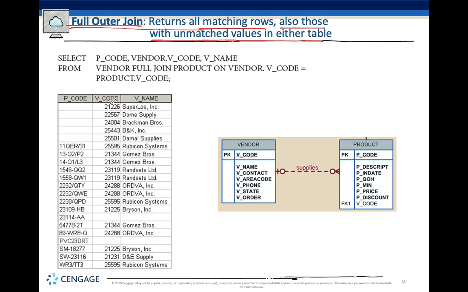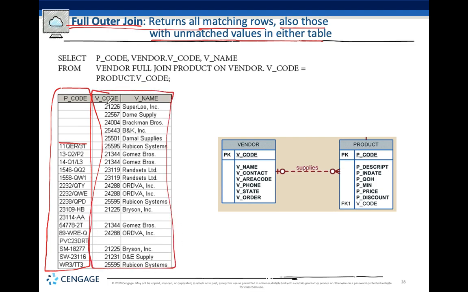So we get back not only all products, we also get back all vendors. We also get back those products that have no matching vendors, and we also get back those vendors that have no matching products.